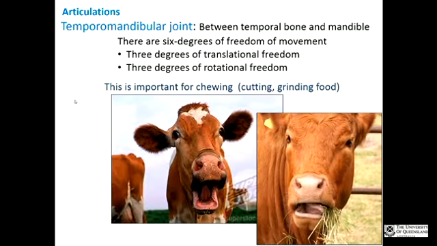If you ever get bored, go and watch a cow chewing the cud, because their temporomandibular joint is much more mobile than ours. Ours is mostly for opening and closing, elevation and depression. But cows can move the lower jaw markedly from side to side in a translation. They can skew it. They can rotate it. They have 6 good degrees of freedom, which makes chewing for them probably a delight.